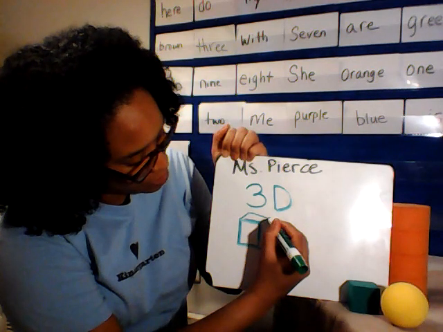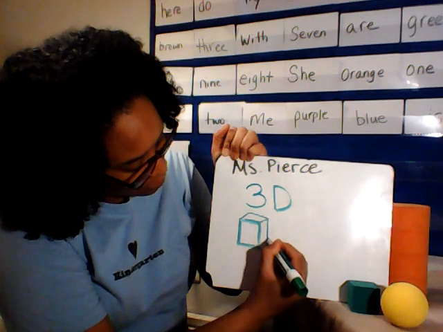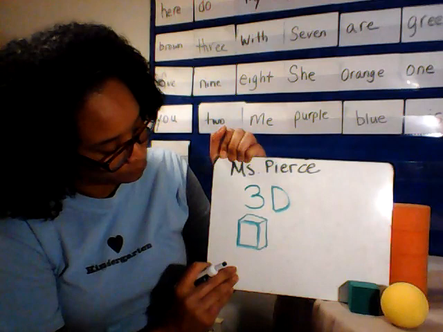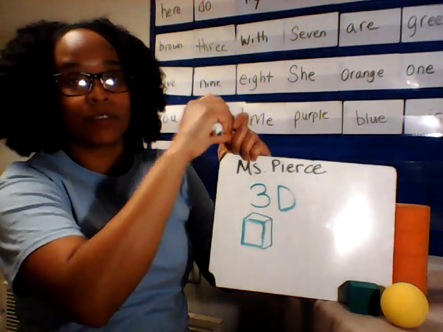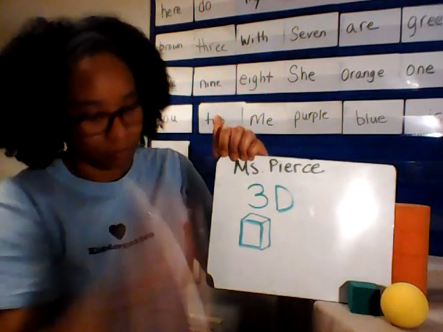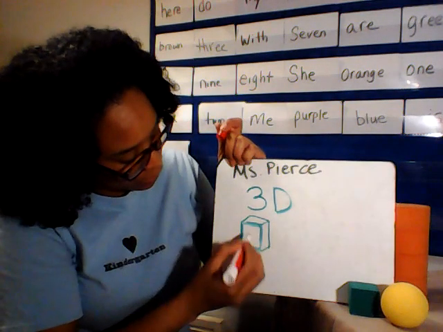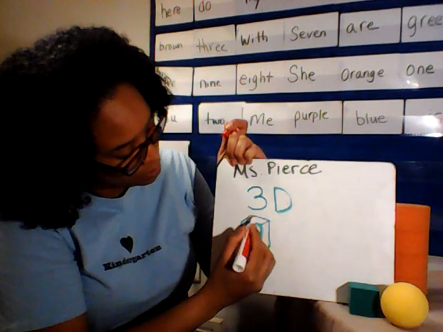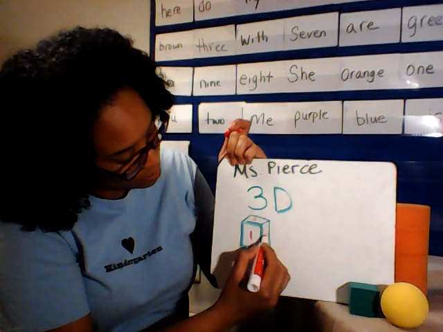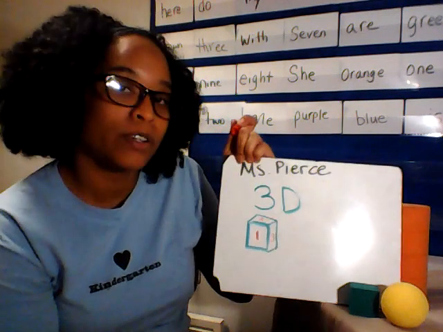Let's go right here and we're going to connect that side there. And that is your three-dimensional cube that you just drew. Pat yourself on the back. Whoop, whoop. So we can see one side, two sides, three sides. And that's our cube.